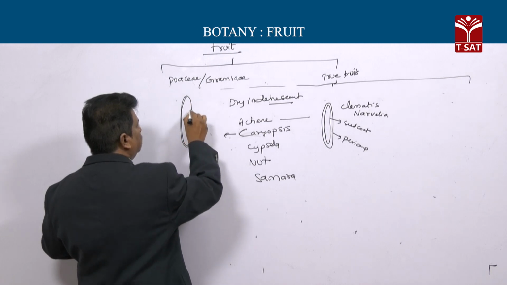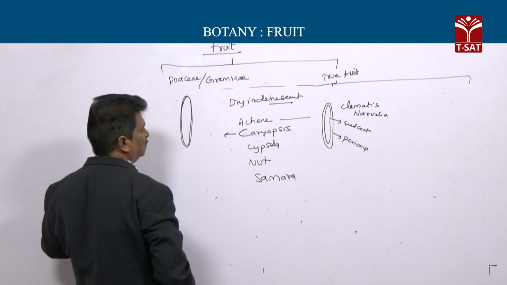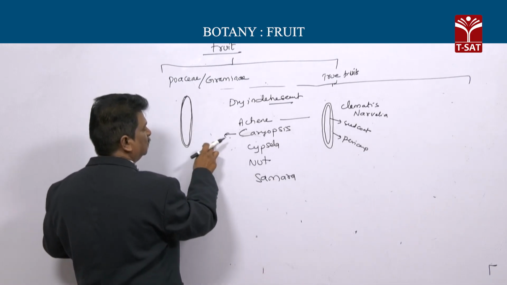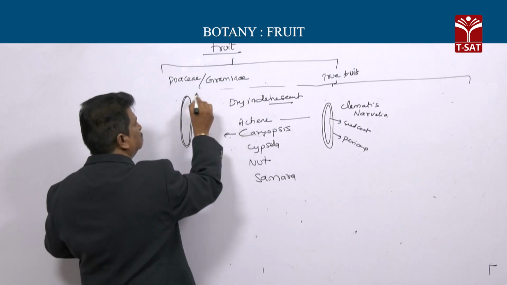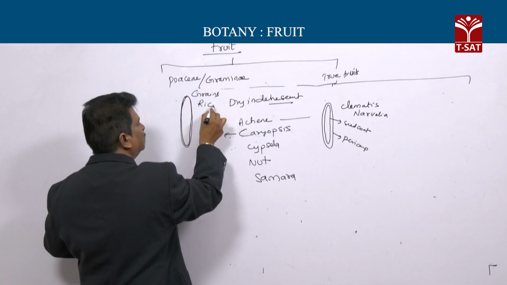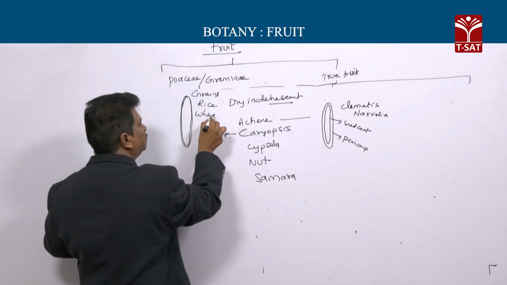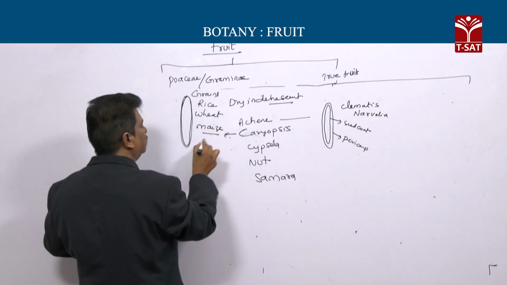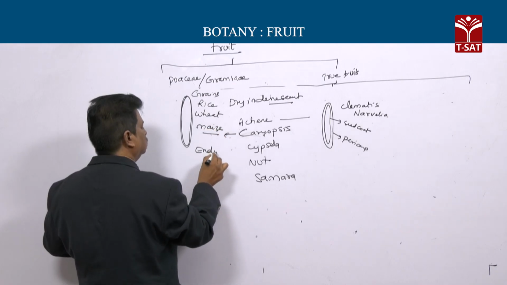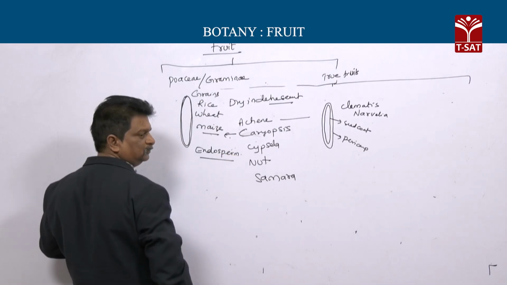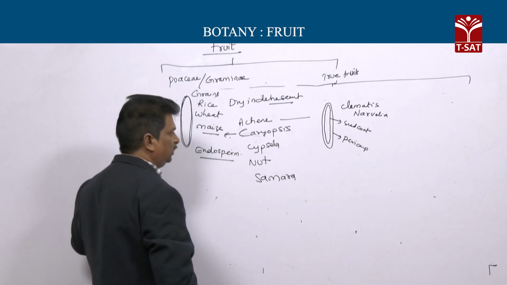But the point is, in this type, the fruit wall and seed coat are fused. Generally common in grains like rice, wheat, even maize. In this, edible part is endosperm.